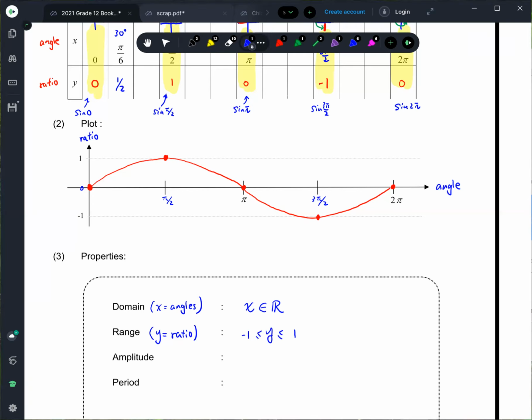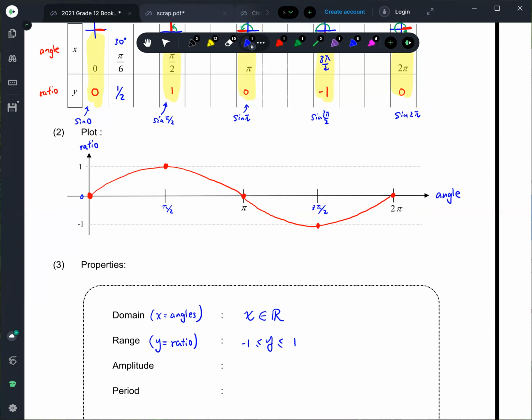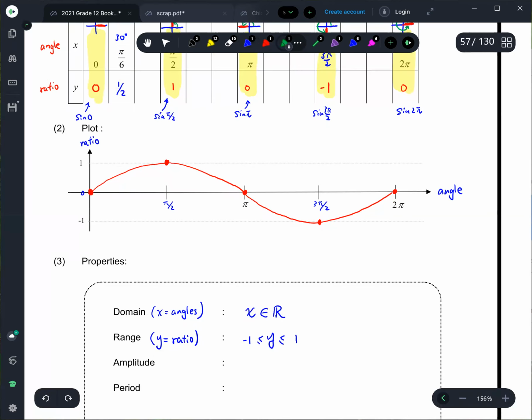And amplitude. Amplitude is talking about how much it oscillates, okay? The height of the wave. So in the graph, you can show it here. The distance between the highest point to the middle line, this is the amplitude.